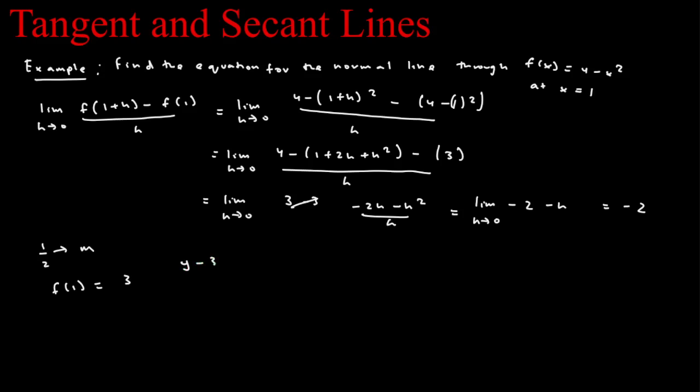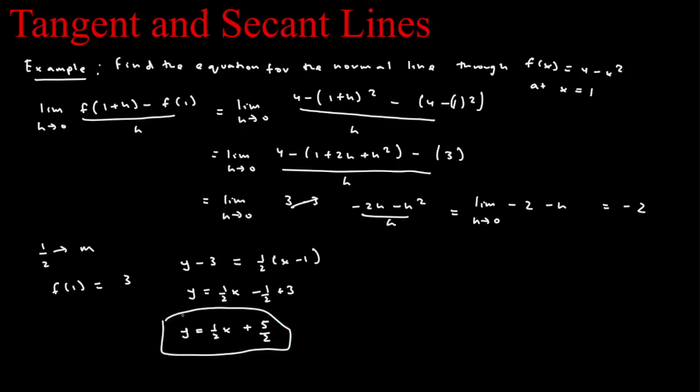So y minus 3 is equal to 1/2 times x minus 1, and that's just y is equal to 1/2 x minus 1/2 plus 3, so y is equal to 1/2 x plus 5 over 2. Easy. And that is the equation of the normal line through x equals 1.